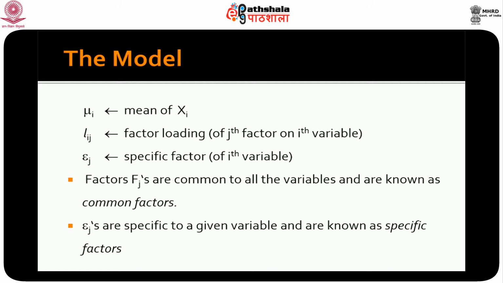So, these would be the means. The remaining part of the x's is broken up into 2 components. One part is the part explained by the factors, and the other part is the error. Now, the factors are common to all the elements, so we call them the common factors. The epsilons are specific to each of the variables, so we call them the specific factors.